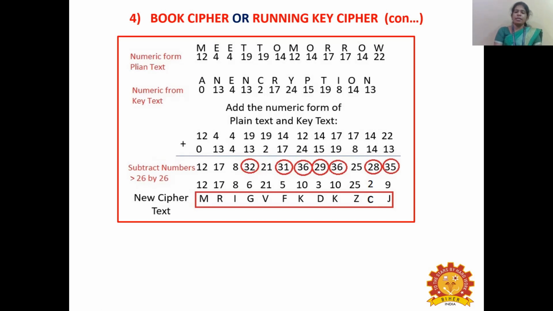For these 12 numbers, we again write the alphabets according to our numbering system. So 12 means M, 17 is R, 8 is I, 6 is G, 21 is V, and so on. Based on the numeric form, we just write the letters for the solution.